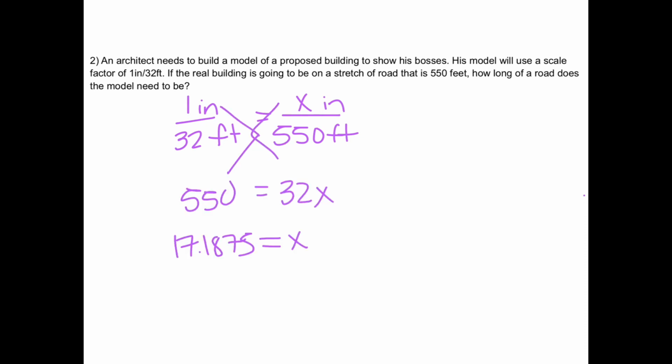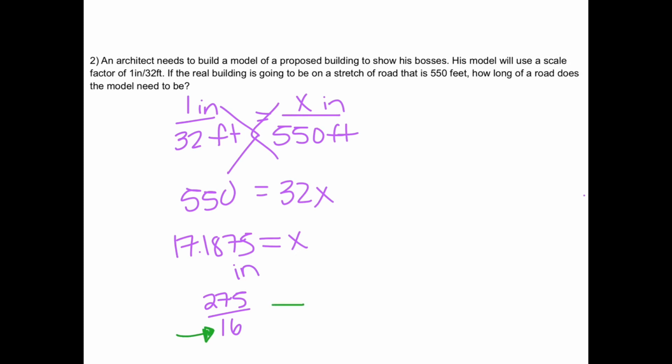Okay, so when we're dealing with inches and feet and we get an answer like this decimal, notice I did not round it, because this is inches. If you turn it into a fraction, use your calculator, whatever you need to do, it ends up being 275/16, which is actually good news because inches are measured in 16ths.